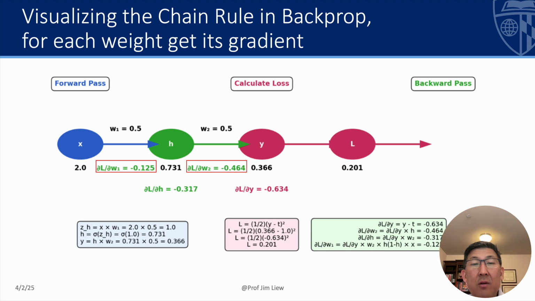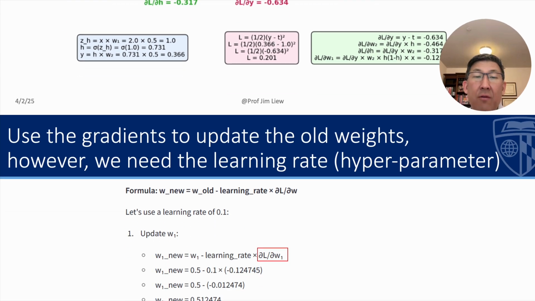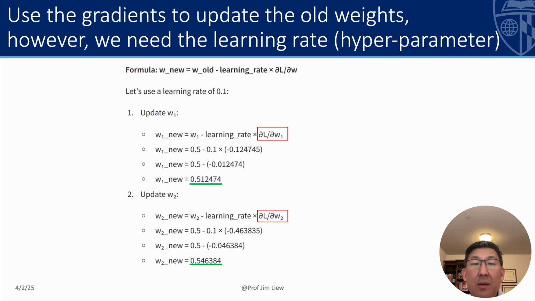So these are the gradients. Recall that the first one is the gradient of the loss with respect to W2, minus 0.46, and the other one is minus 0.12. And when you put that in, you're going to use this formula whereby the new weights, W1 and W2, are equal to the old weights minus the learning rate.